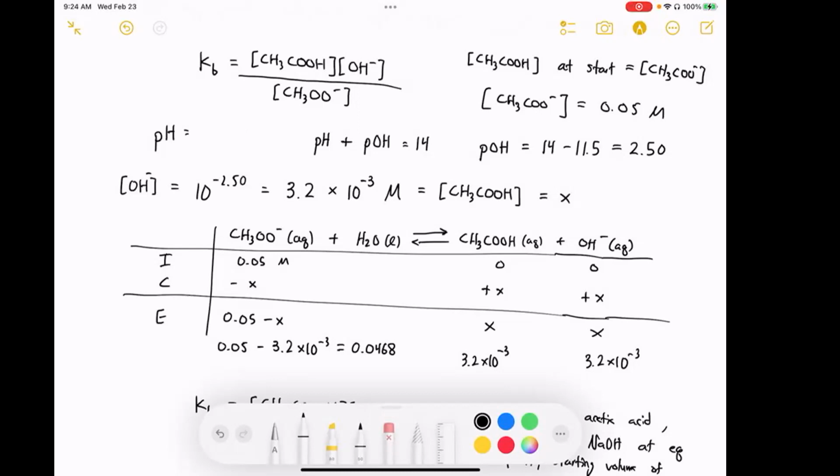So let's do like 9.25. Let's see what that value gives us. So sorry guys, let's backtrack here. 9.25. Sorry about that. We get 4.75 for our pOH.